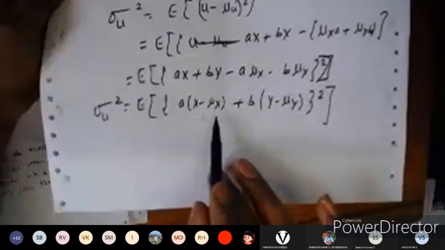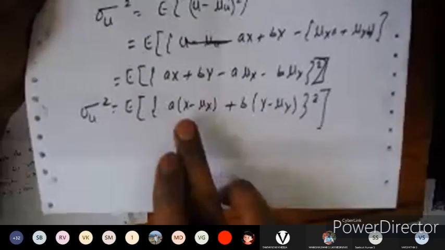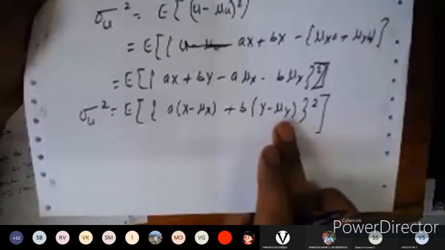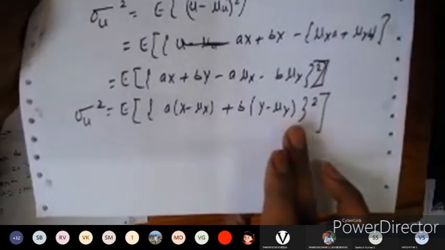So sigma u square is equal to the expected value of a into x minus mu x plus b into y minus mu y, the whole square. Now let us apply the formula for a plus b the whole square, which gives a square plus b square plus 2ab.